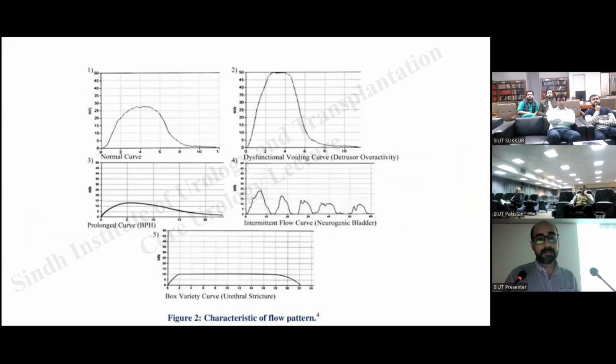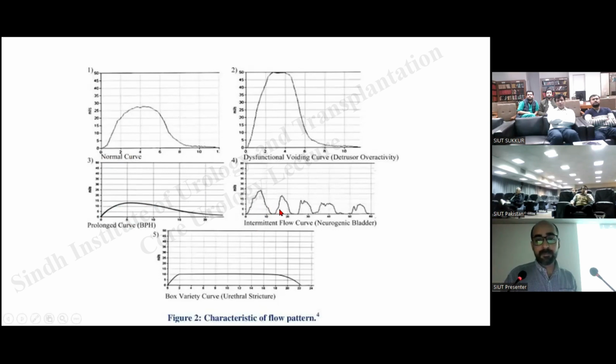Here are different graphs. The graph number one shows a normal curve. It's a normal UFM pattern. It's a bell shape. And it's a prolonged curve, mostly seen in benign prostatic hyperplasia.